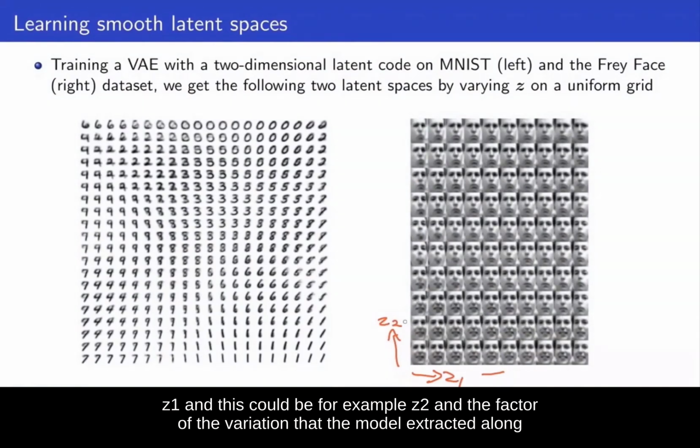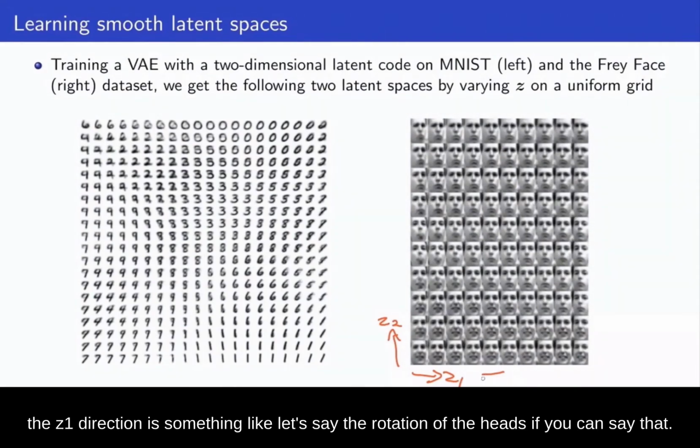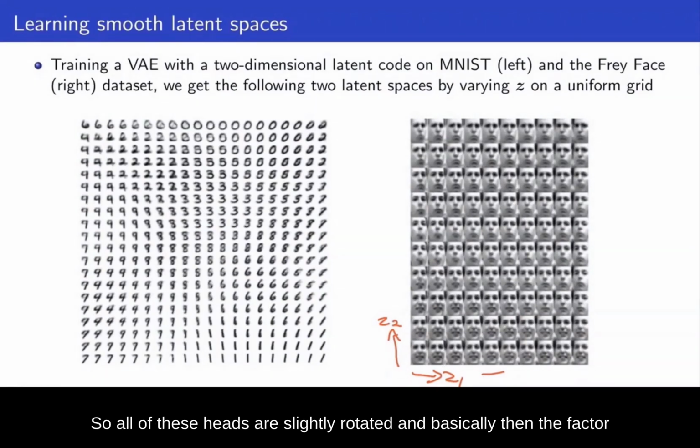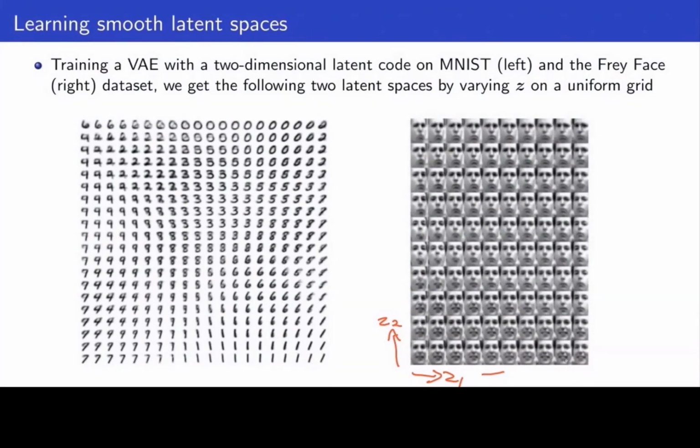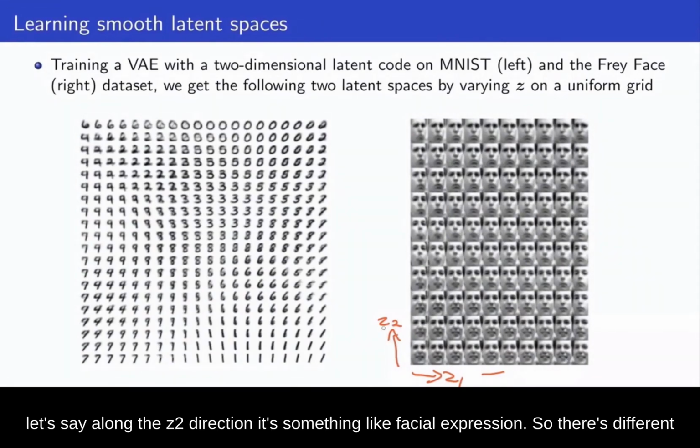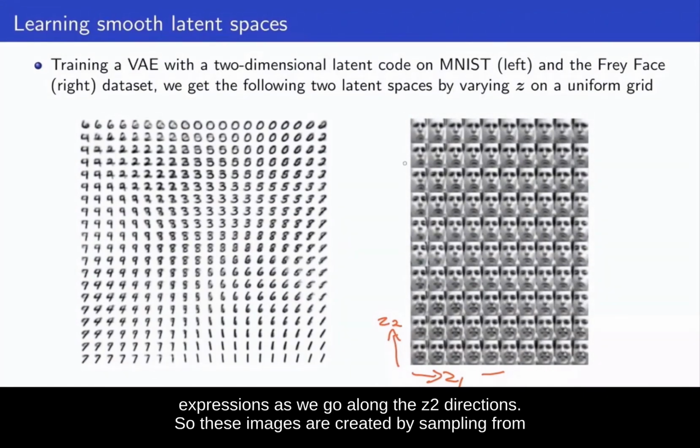The factor of variation that the model extracted along the Z1 direction is something like the rotation of the heads. All of these heads are slightly rotated, and along the Z2 direction, it's something like facial expressions. There are different expressions as we go along the Z2 direction.